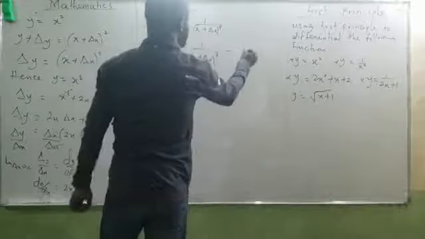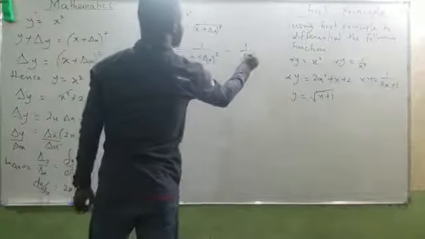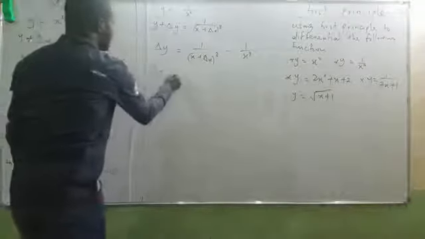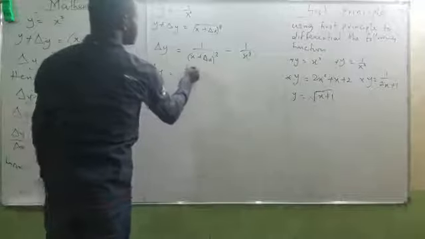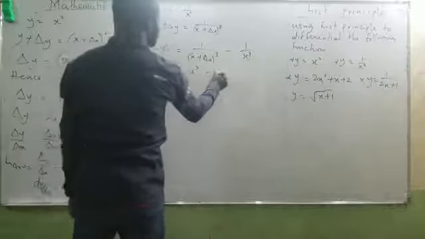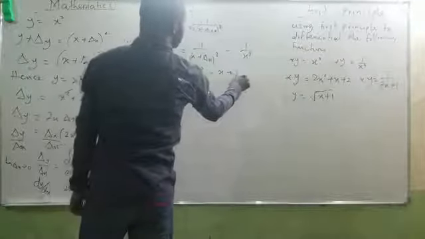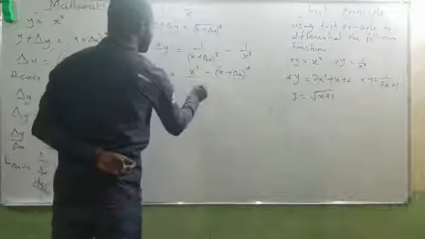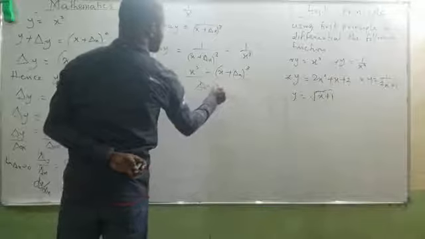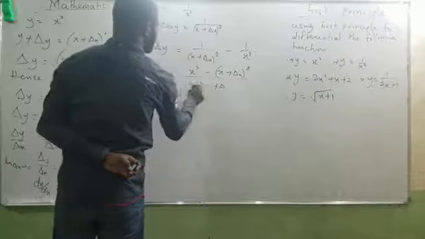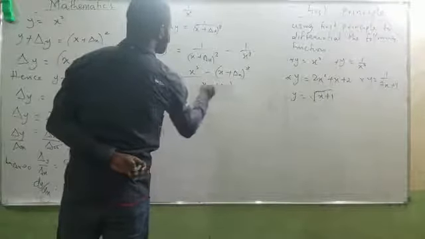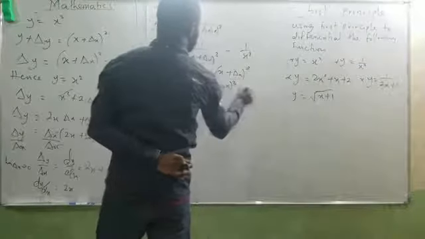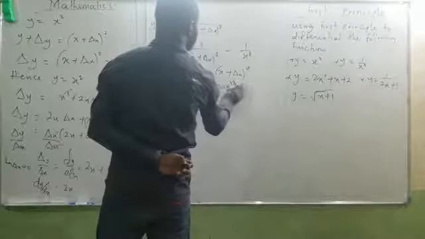Don't forget that 1 all over x cubed. It means I'm talking about delta y equals 1 over x plus delta x cubed minus 1 over x cubed. I'm factorizing, please take note of that.